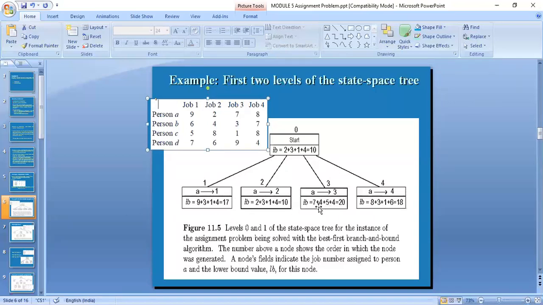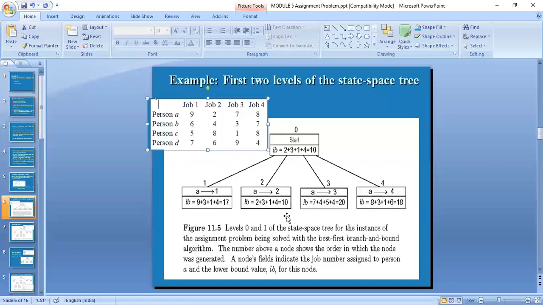All these don't violate your constraint, which means all these are considered promising nodes. Among the promising nodes, which one will be considered the most promising? The most promising node is node number 2. A is assigned with job 2 and your lower bound value is 10. Compared with the other values, node 1 is 17, node 3 is 20, node 4 is 18. So compared with all the other three values, node 2 has the least value.